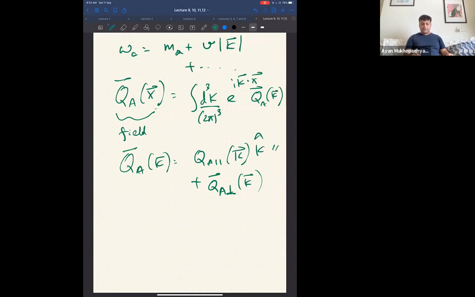Now, this object that is perpendicular will satisfy k dot q_a perpendicular equal to 0, right?